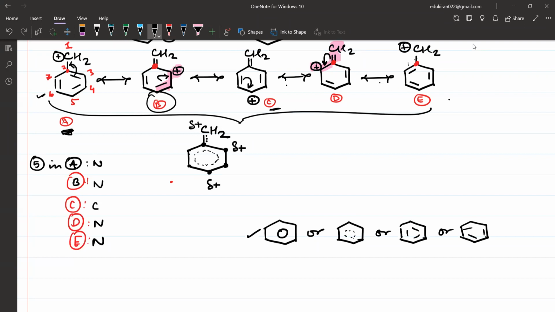Alternate double bonds, they can basically try to write this one. This is the best structure that you can write.